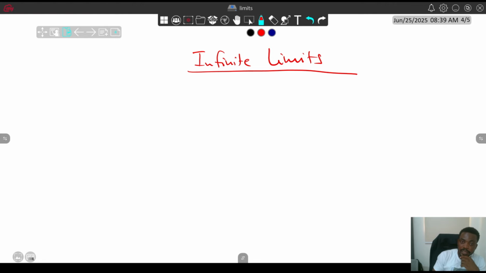Infinite limits are represented by the form: the limit as x approaches a of f of x is equal to infinity.